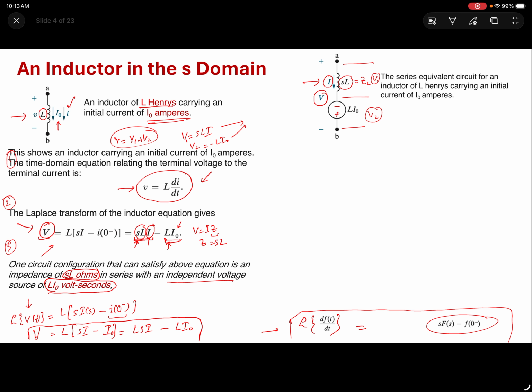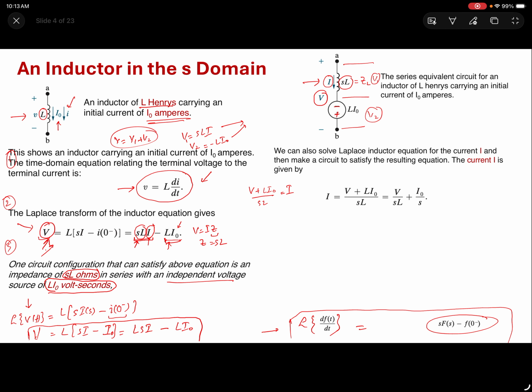If I solve this equation with respect to the current I, I get I equals (V plus L times I naught) over sL, and then you can further divide this: V over sL plus I naught over s, because L will be cancelled out.